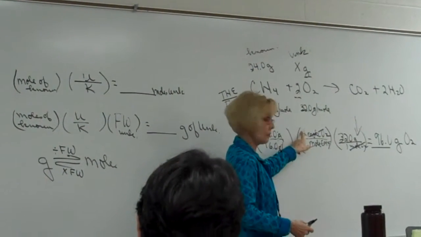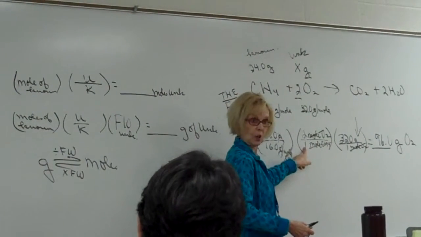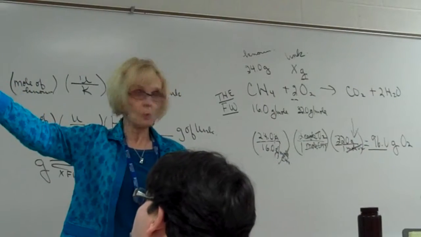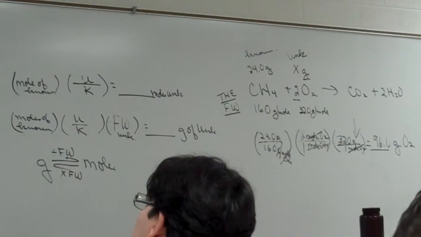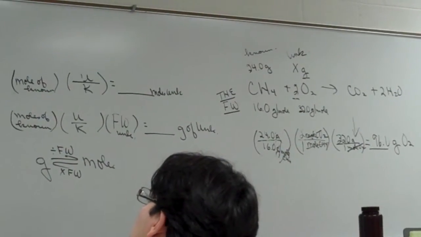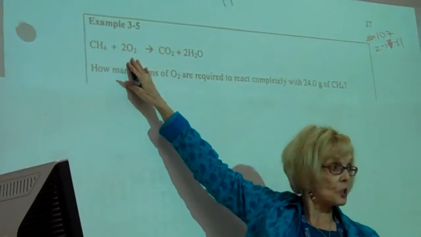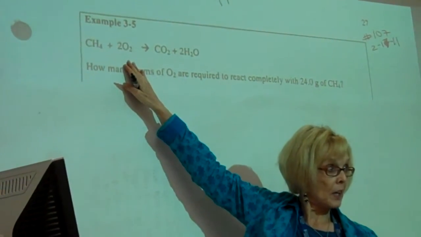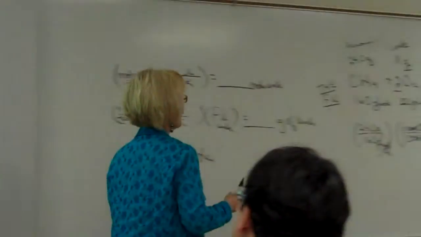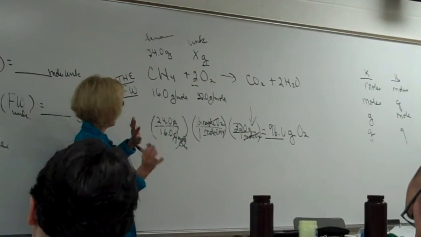So I put the coefficient of the unknown, which is 2 in this case, over the coefficient of the known. If you're reasoning this through, like when I was running you through your paces up here, I said, I've got 1 mole today of this, how many moles of this do I need? And you all shouted 2. I said, I've got 2 moles of this, how many moles of this do I need? 4. Twice as many. So that's what you're doing here, just using the numbers, because you don't know immediately how many moles of this you've got. Are we okay on that?